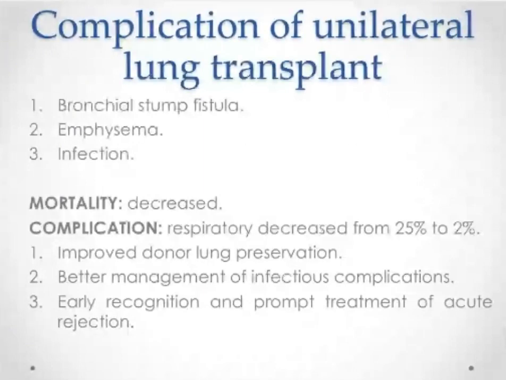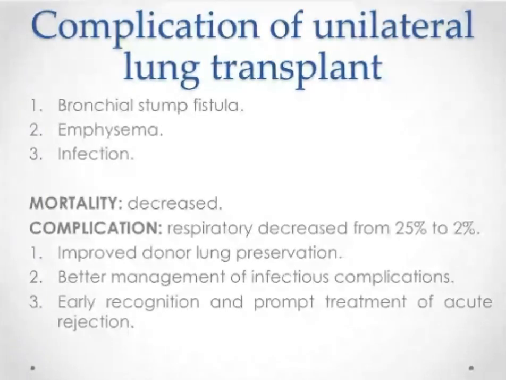Complications of unilateral lung transplantation: bronchial stump fistula, which is a serious one, or maybe emphysema, where the lung is not inflated very well, or infection. By the time, because of the increase in knowledge of anastomosis and lung transplantation, we see what is wrong with anastomosis, why the patient has rejection or not.